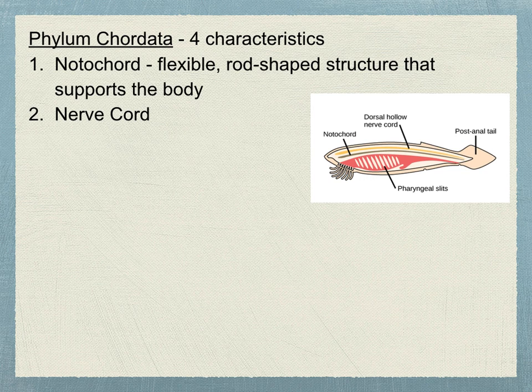The third characteristic of all chordates is that they have pharyngeal pouches. Pharyngeal pouches or pharyngeal slits would be right here on this picture. And then the last one is a tail, a postanal tail, which would be right here. All chordates have a postanal tail.